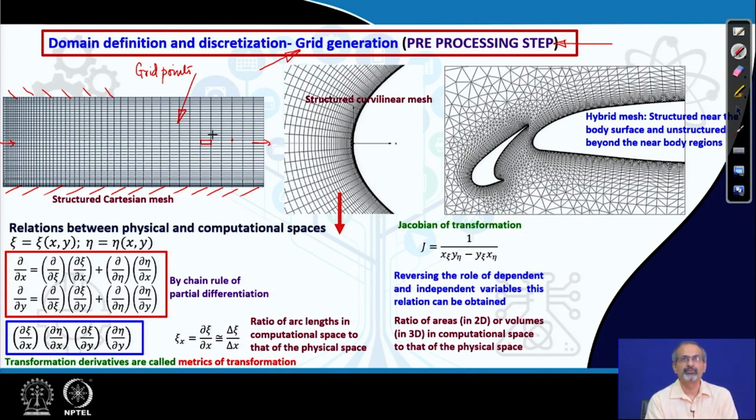I have marked one of them, and then we try to use the integral form of the governing equations on each one of those control volumes and try to work out the flux transports which are happening across the different faces of the control volume. So, this is broadly how we look at the problem when it comes to solving it, but before we solve, we have to anyway discretize, and we are going through that process in the grid generation step.